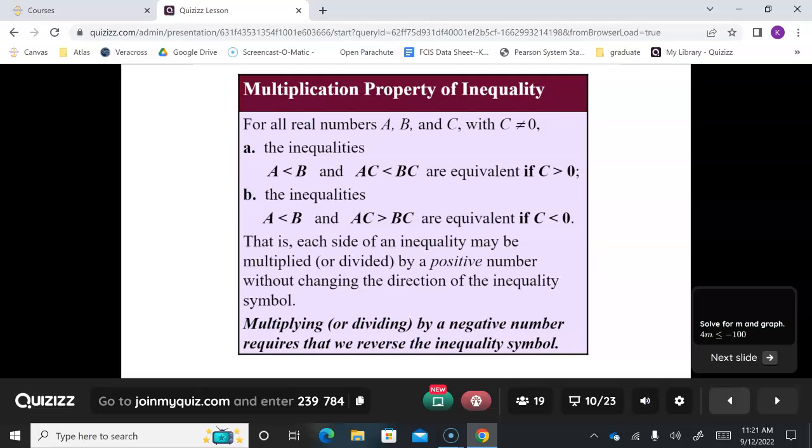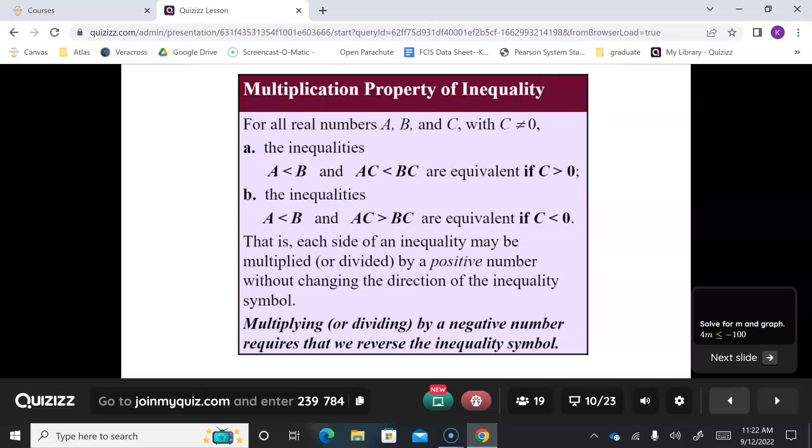Now, multiplication has an additional rule. If my coefficient is negative, like you may have done on the last problem, if you subtracted 5x, you ended up with -x. Okay? If your coefficient is negative, when you do that multiplication or division, you then have to flip your inequality sign. You have to flip it the other direction.